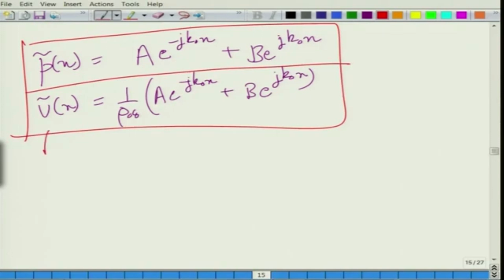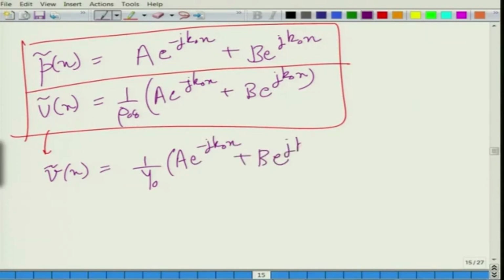Now, this thing can be written in the form of mass velocity, if you recall the last week's lecture. So, V(x) is nothing but 1 by Y0 into (A e^(-jk0x) minus B e^(jk0x)), where Y0 is c0 divided by cross section area S, and k0 is your wave number.